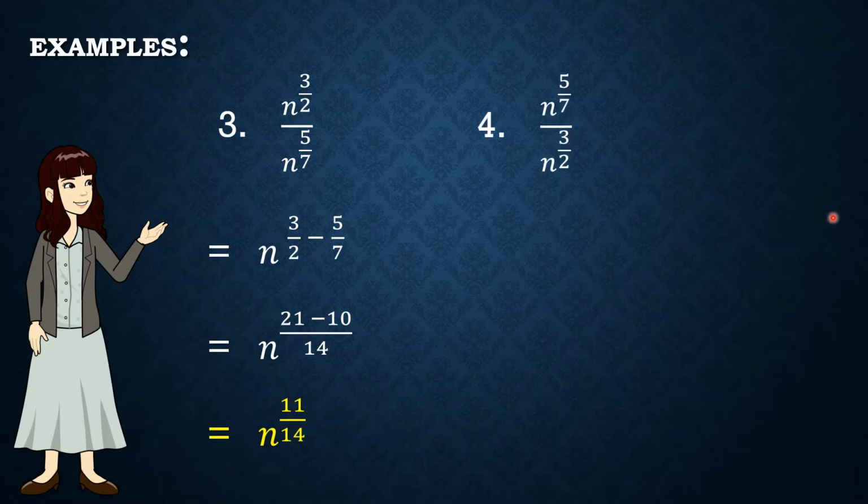Okay, number 4. We have n raised to 5 over 7 over n raised to 3 over 2. Again, the denominators are not the same, so we get the LCD. Our LCD is 14. 14 divided by 7 is 2, 2 times 5 is 10. 14 divided by 2 is 7, 7 times 3 is 21.